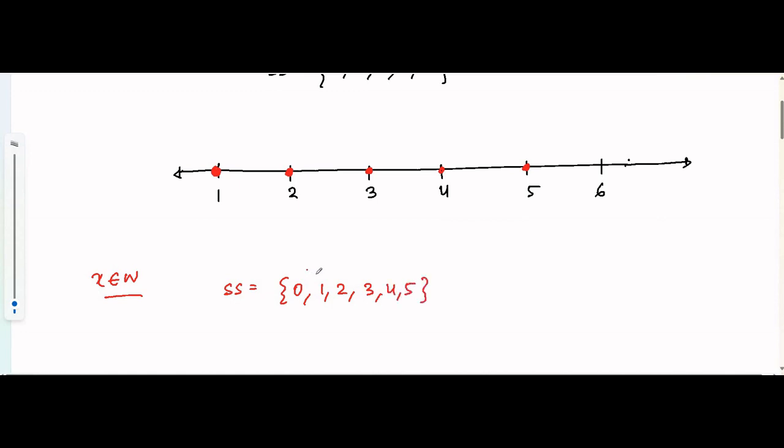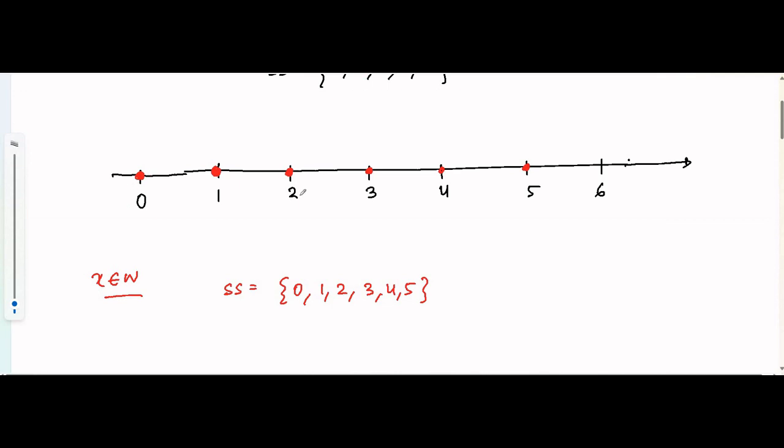So here if we just extend this whole thing, it's 0 here, so this would have been the plotting of the solution on the number line.